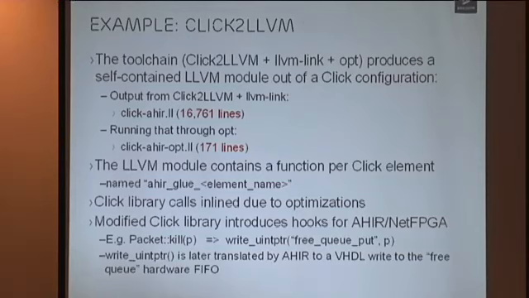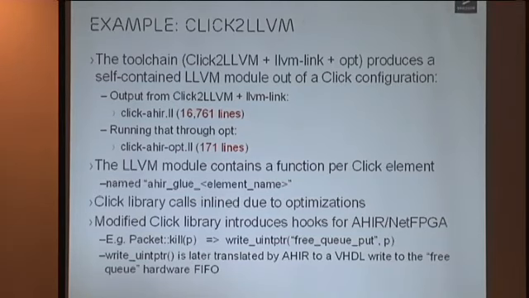Here's an example of what level of optimization and dead code elimination you can get through this toolchain with this simple configuration. The unoptimized output is over 16,000 lines. And after constant propagation and so forth, that brings it down to 171 lines of actual useful code.